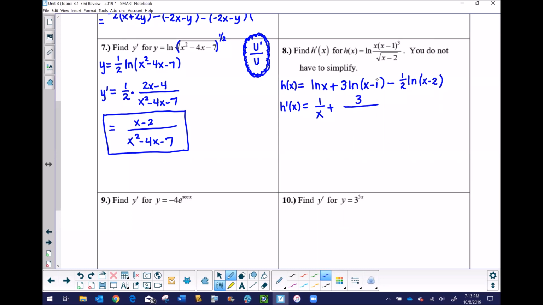And then the derivative of x minus 1 is 1, so nothing else multiplied by the 3. x minus 1 down below. And then over here, we're going to have a 1 in the numerator and a 2 in the denominator. The derivative of ln of x minus 2 is another 1 multiplied by that 1, which doesn't change it, over x minus 2.